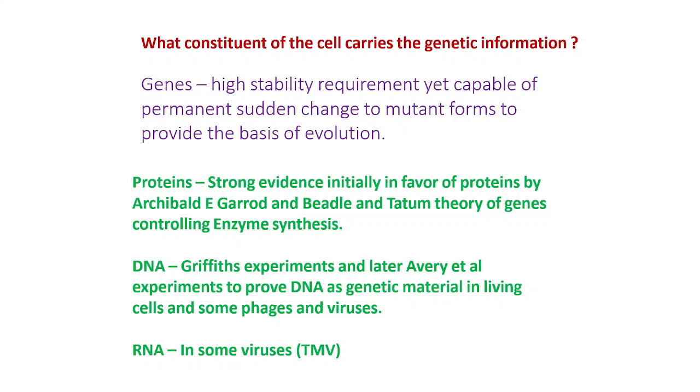It gets transcribed to an RNA and then translated to the protein. We have somewhere heard about the central dogma. So it is not that the genetic information is only stored in the DNA.